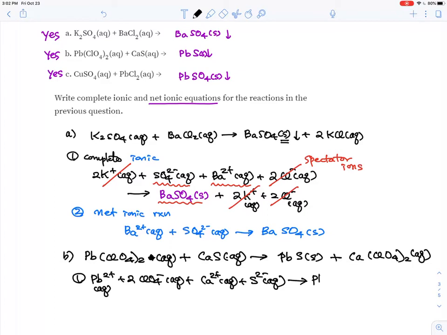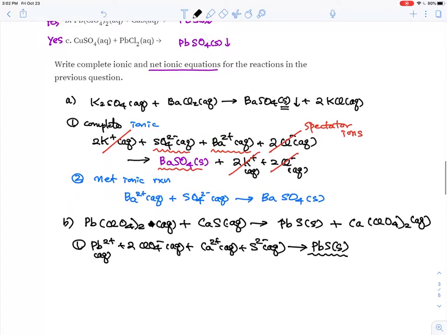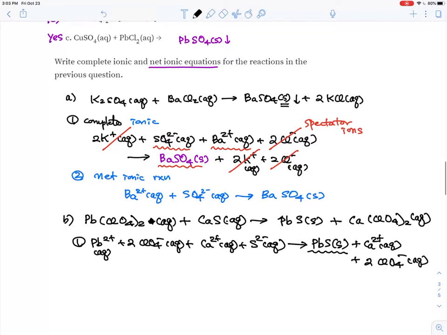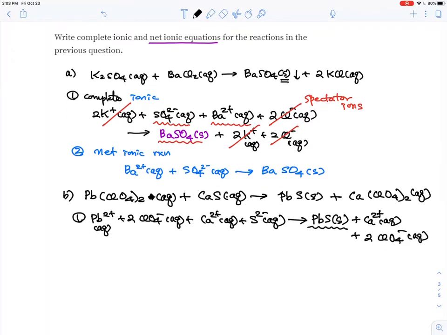They form PbS solid as a precipitate product, and then they will form calcium 2 plus aqueous plus 2 times ClO4 minus aqueous. Okay, so that's the whole equation.